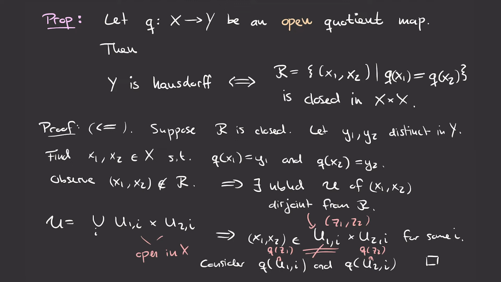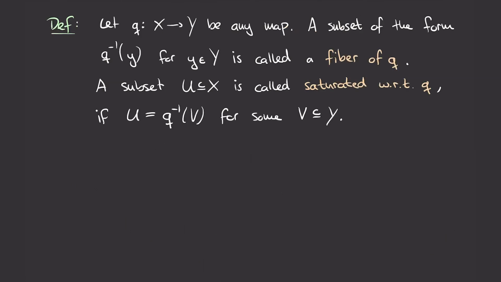This perhaps raises the question of what the relationship is between quotient maps and open maps in general. And this is something we'll look at in more detail in what follows. To do so, we'll need to introduce some more terminology. For this, we slightly change our setup.